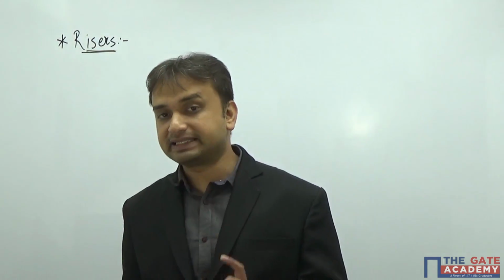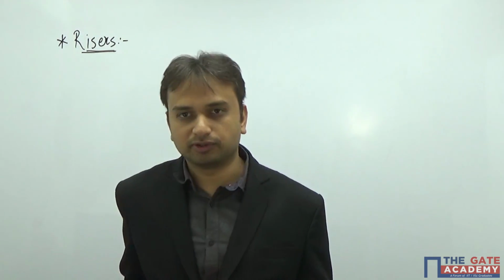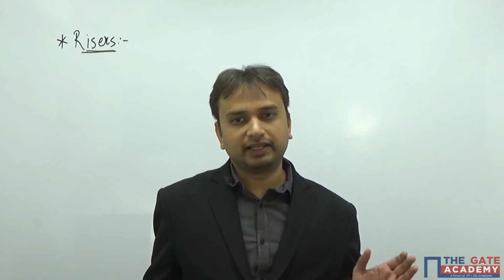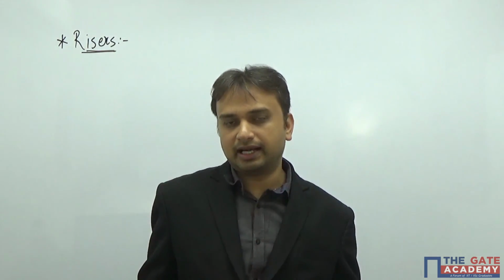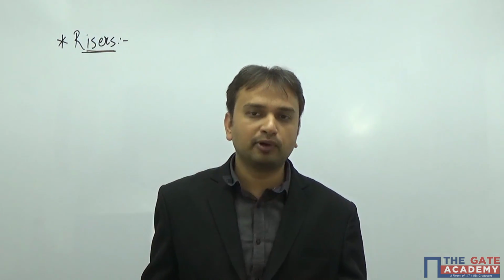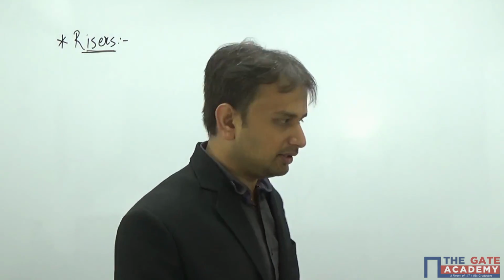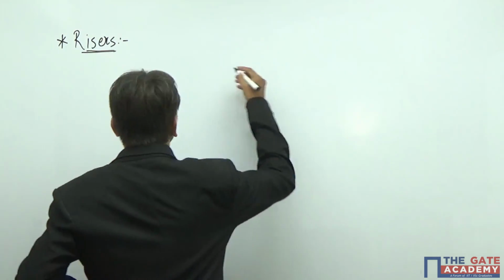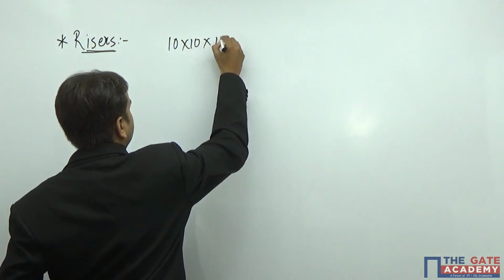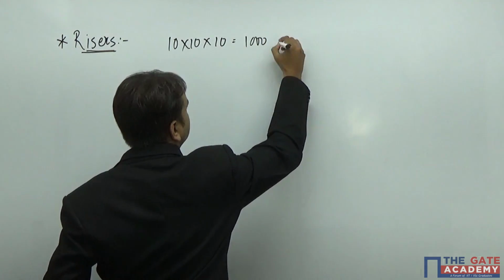My friends, there is something called shrinkage volume. I want to tell you something about it. Just now I told you that there was a cube of 10 by 10 by 10 side, and it shrinks to 8 by 8 by 8 if you don't employ a riser. That means what is the total reduction in the volume? Suppose 10 by 10 by 10 was the required dimension, that means 1000 mm cube.